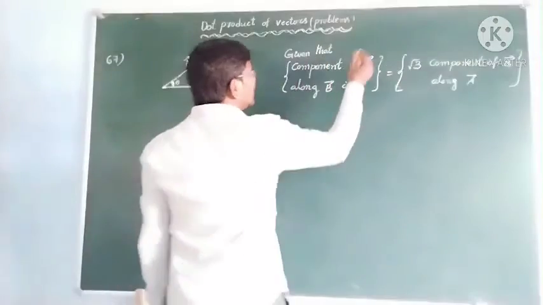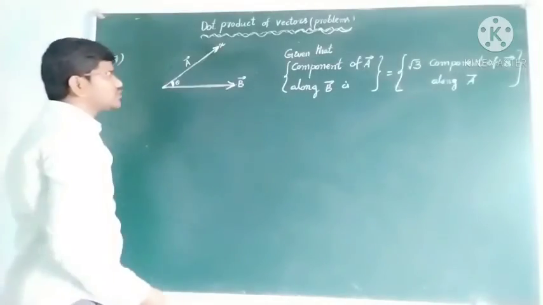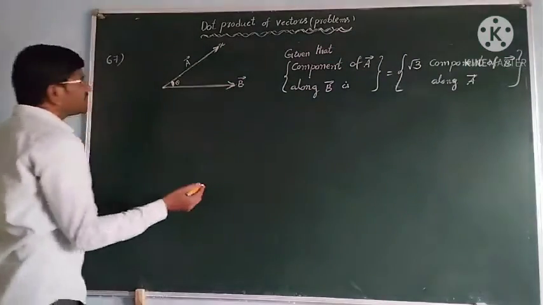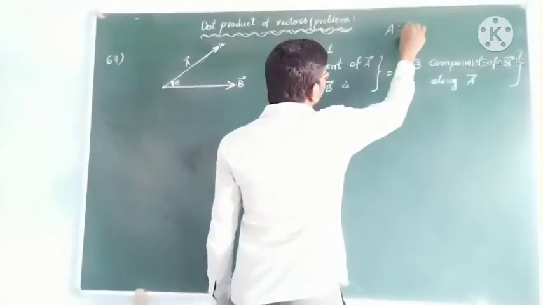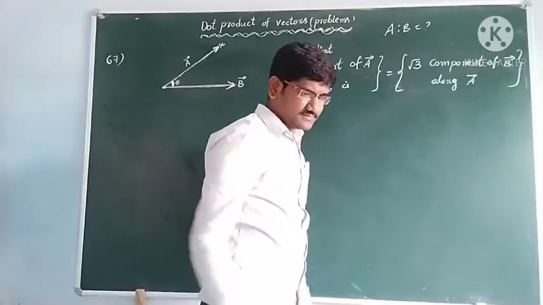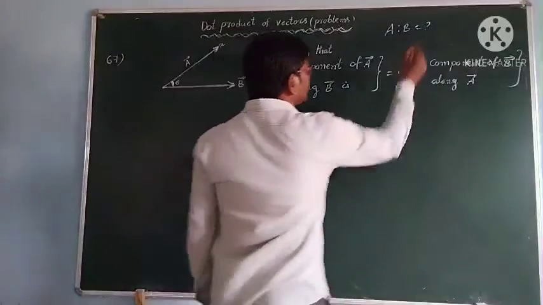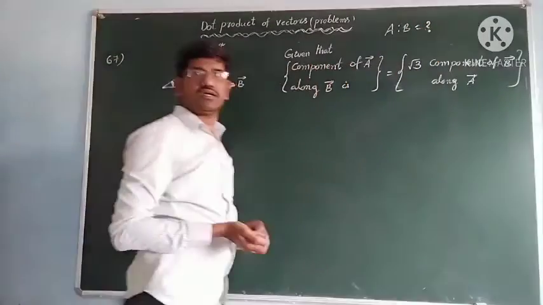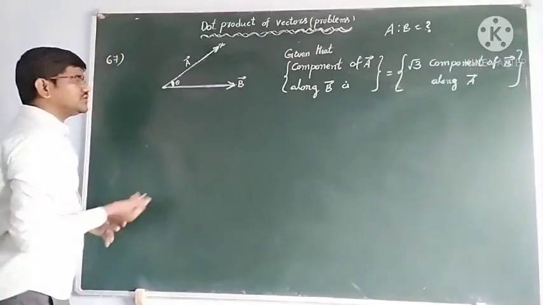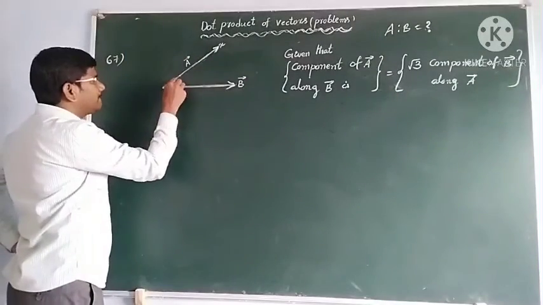Then they are asking to find the ratio of A is to B. This is the question mark. So then A is to B value is how much? Okay students, there is an angle between A and B, I don't know, so let it be theta.